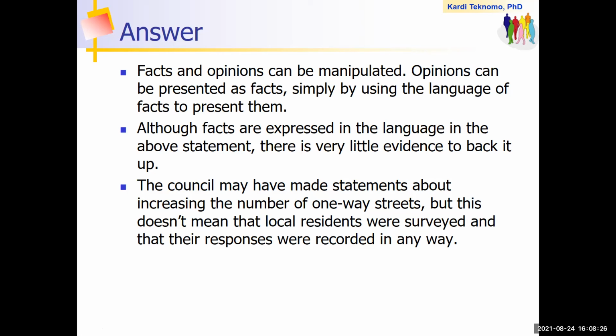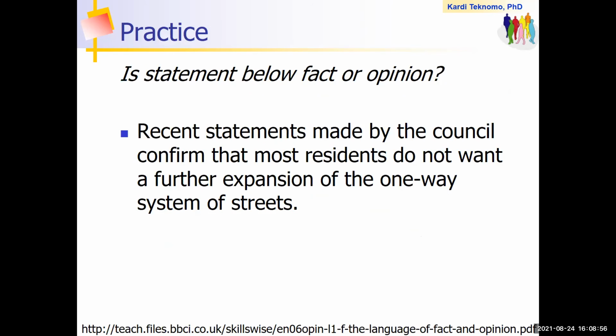There is very little evidence to back the statement. The council may make the statement about increasing the number of one-way streets, but this does not mean that local residents were surveyed, or that their responses were recorded in any way. If they were, then it becomes fact. If they weren't, it's simply manipulation of the way it is expressed.